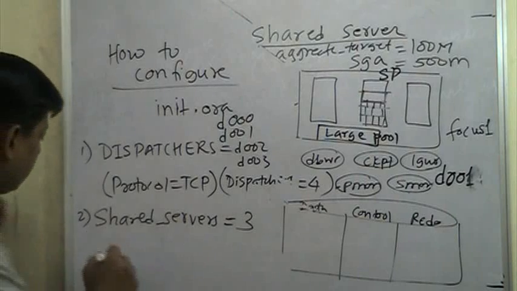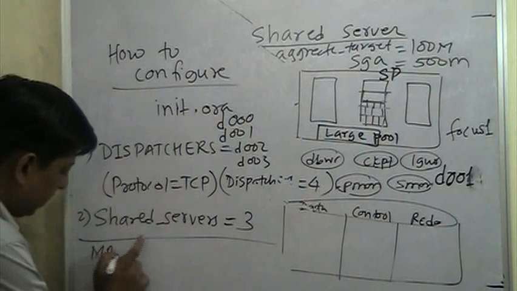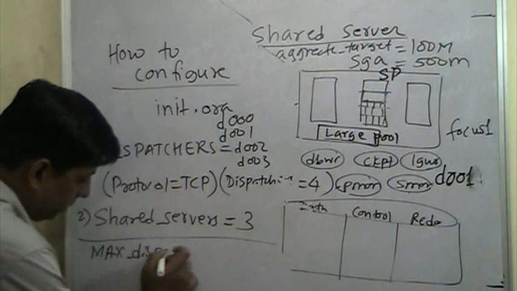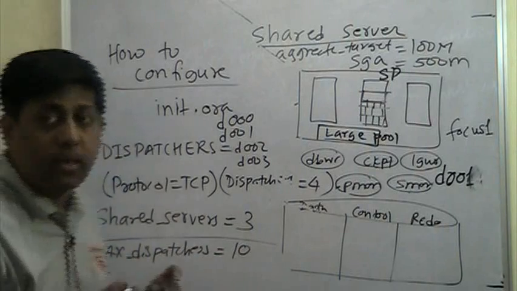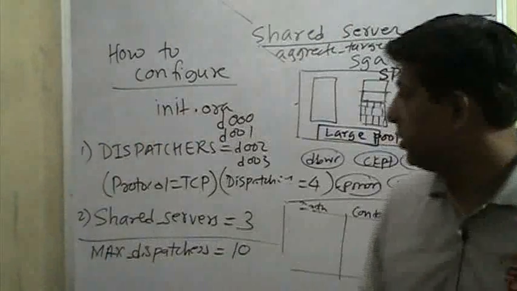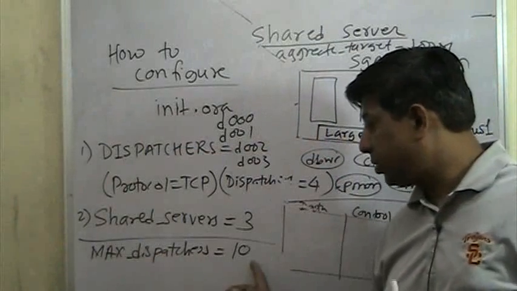I will also mention one of those non-mandatory parameters called, let us say, max dispatchers. If max dispatchers is set to 10, what is the meaning of this? Actual total number of dispatchers that we have set is 4, and the max dispatchers is set to 10.